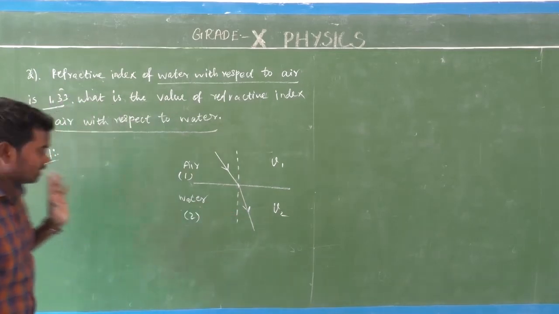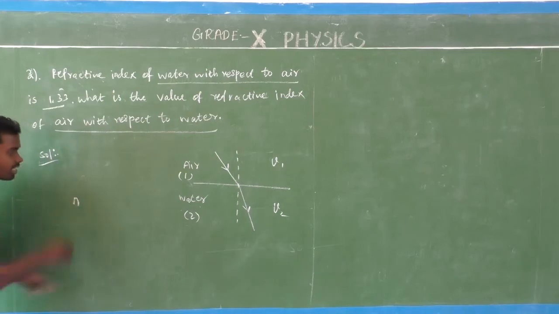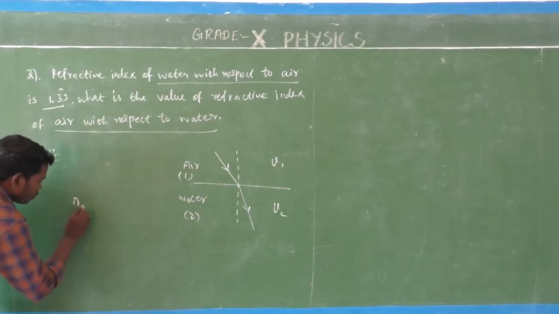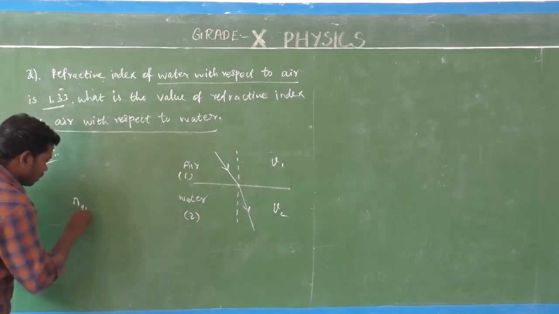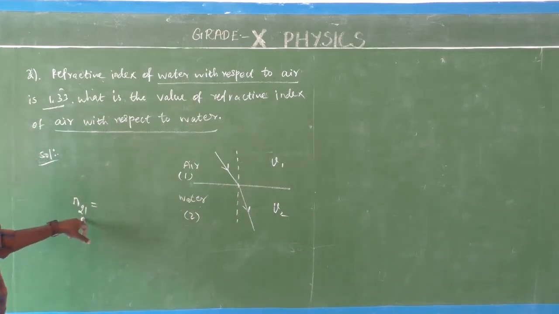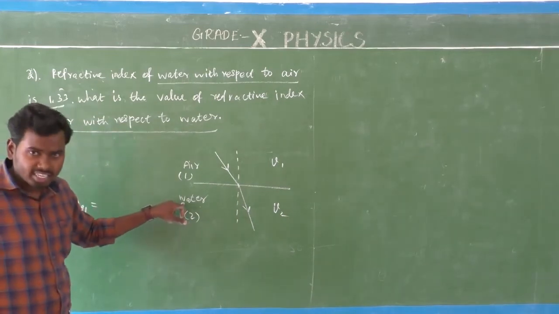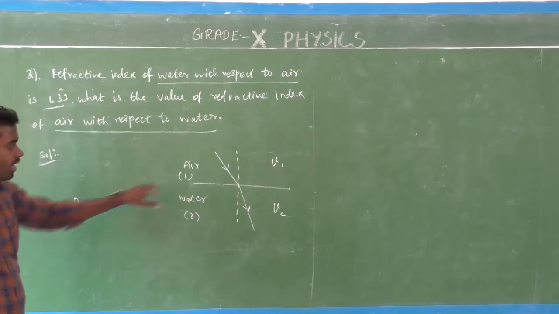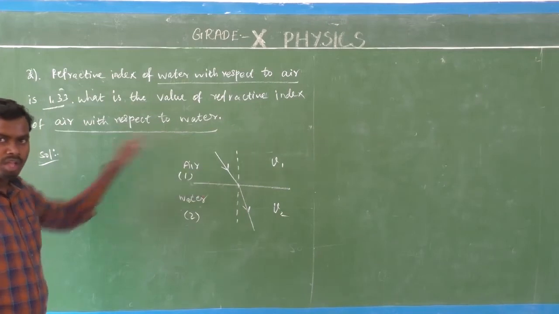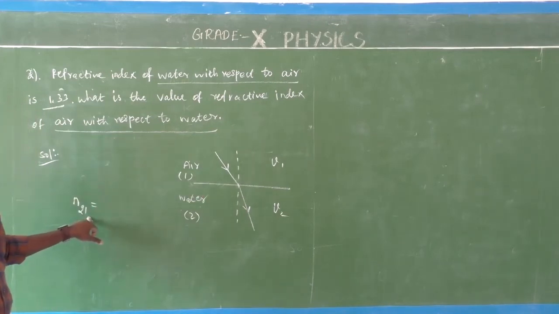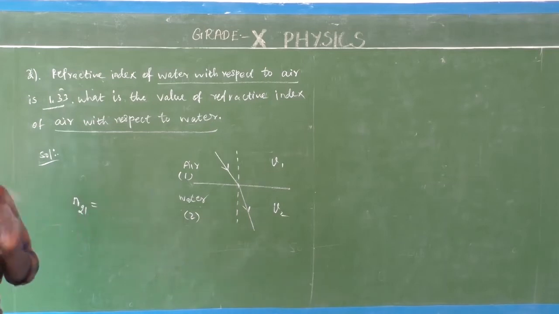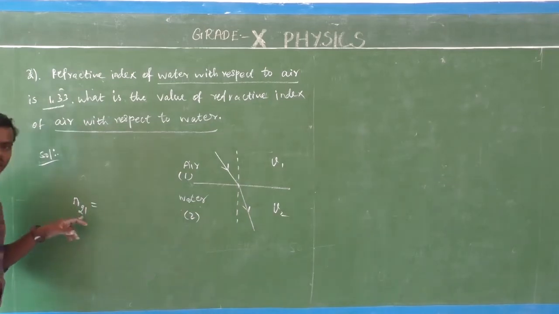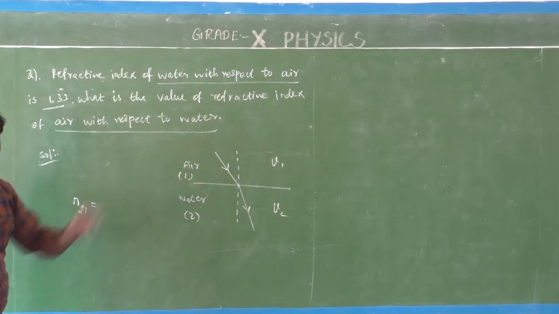So the refractive index of medium 2 with respect to medium 1: whichever medium brings the light, that medium's letter or number is written first. Next, the medium from where the light is coming, that medium's letter or number is written second. So the refractive index of medium 2 with respect to medium 1 is equal to what?